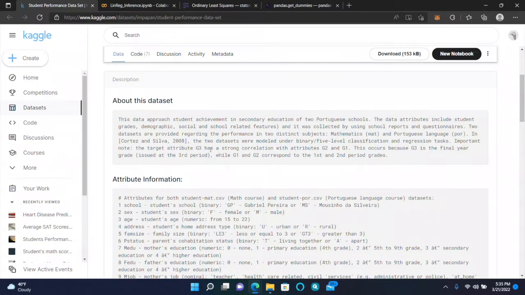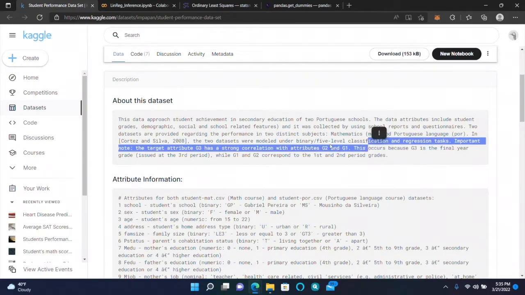So I'm not entirely sure how schooling works in Portugal, but it sounds like maybe there are three semesters or something like that, and so we've got a first semester, a second semester, and then a final grade for the whole year. So we're really just going to use G3 as our target variable.